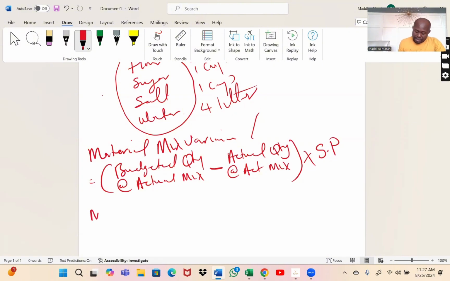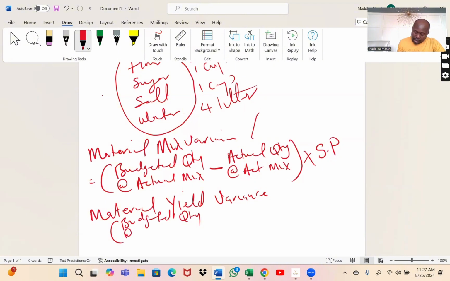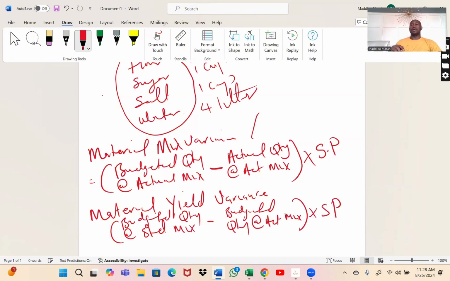How can I get my material yield variance? I will get the material yield variance by projected quantity at standard mix minus projected quantity at actual mix multiplied by selling price.